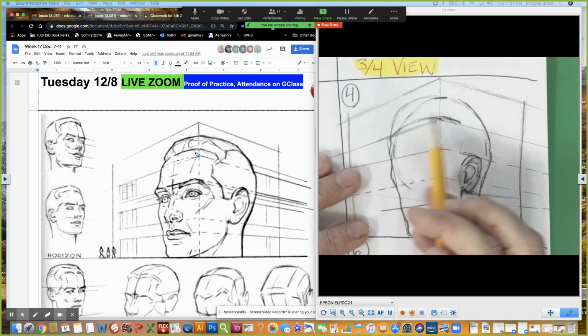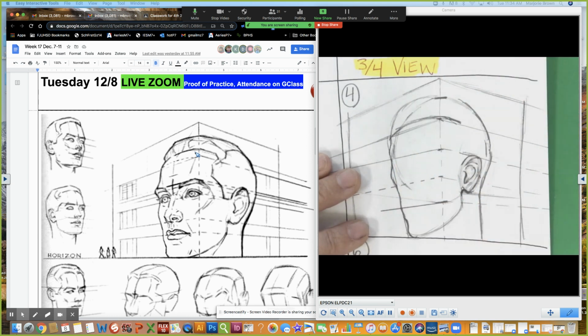So I just did that curve. That's the dude's hairline. Oh yeah, Miss Brown. Thanks for breaking that down in something easier for me. I try. So it's that line right there.